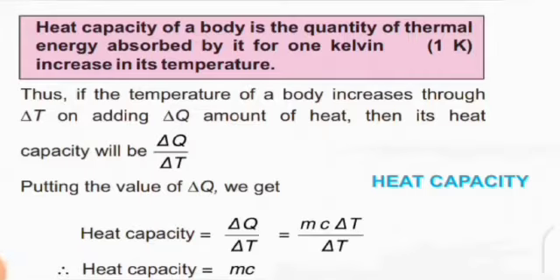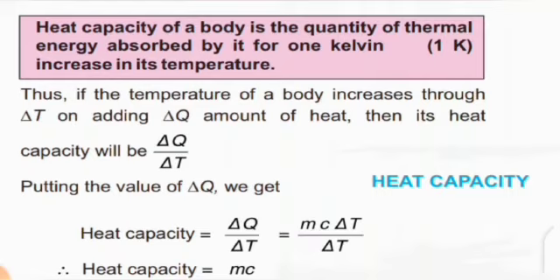Students, how much heat a body can absorb depends on many factors. So here we define a quantity called heat capacity of a body. Heat capacity of a body is the quantity of thermal energy absorbed by it for 1 Kelvin increase in its temperature.